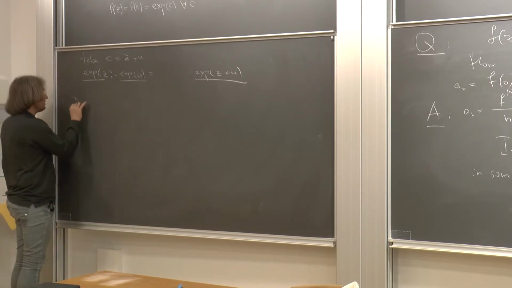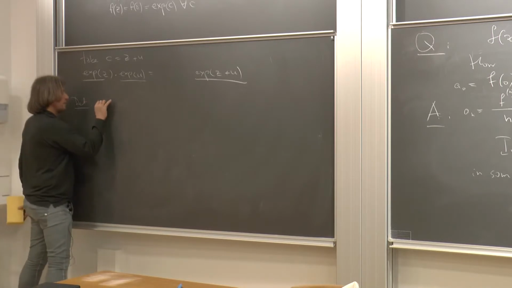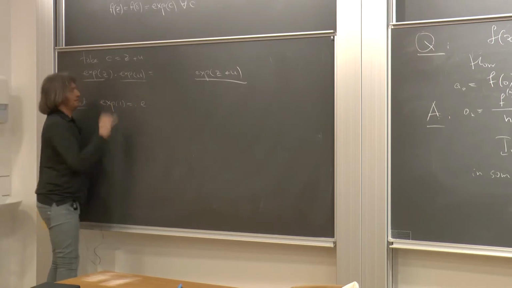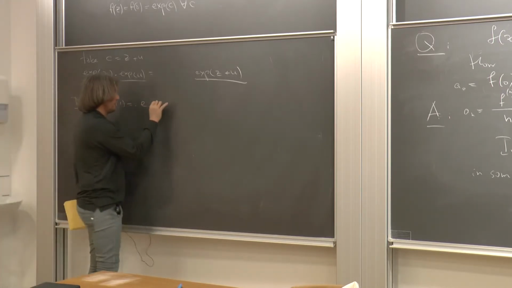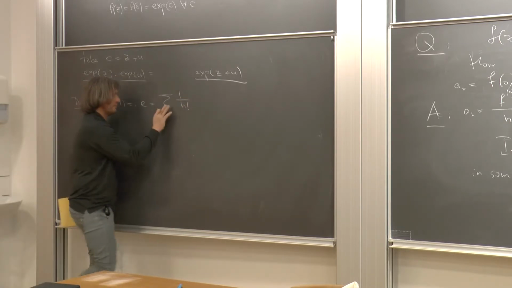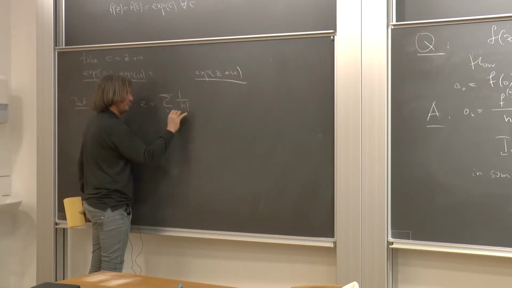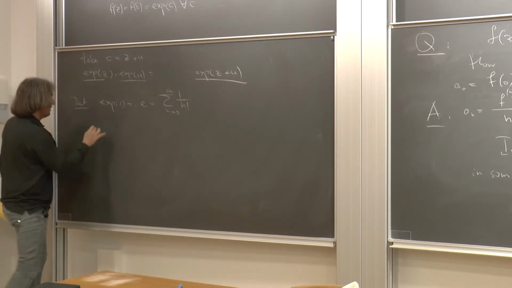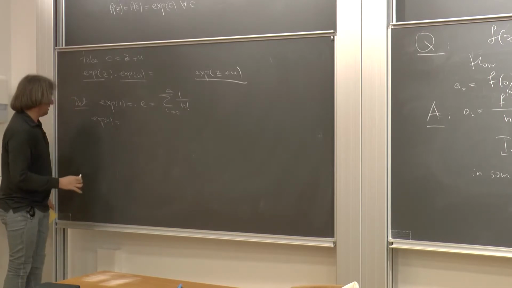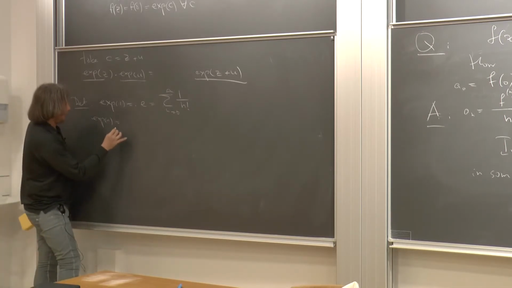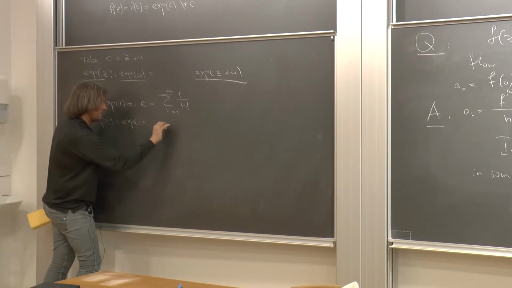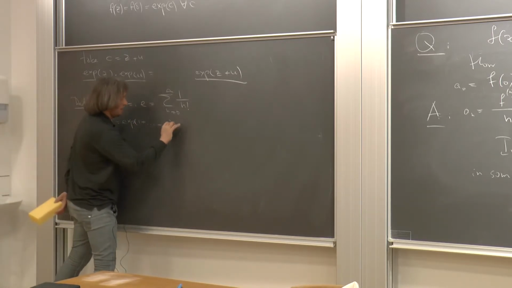So definition, the value at 1 is called e. It's the usual expression. Then exponential function at n is exponential function of 1 plus 1, n times.